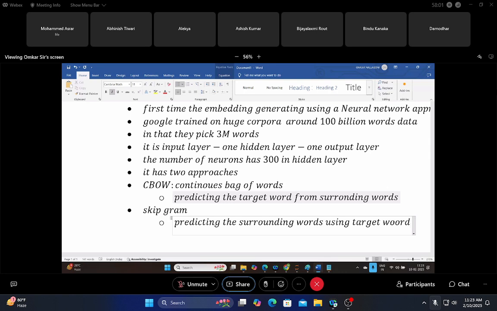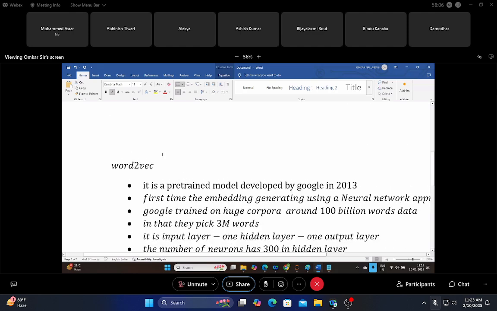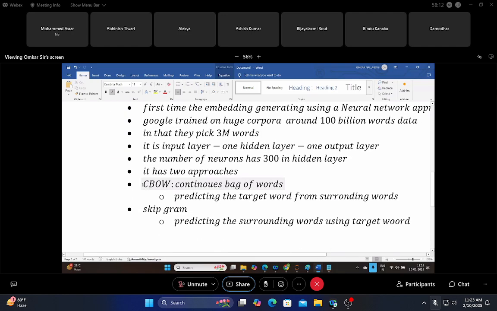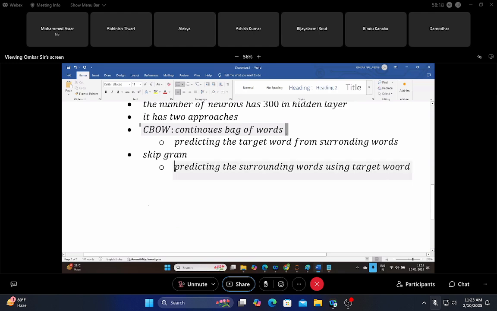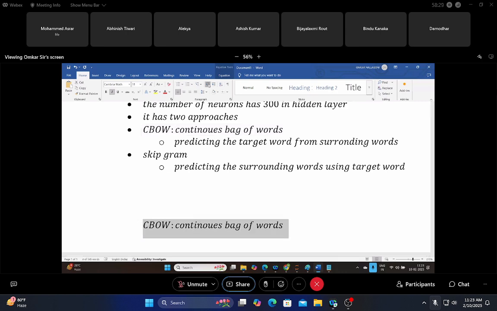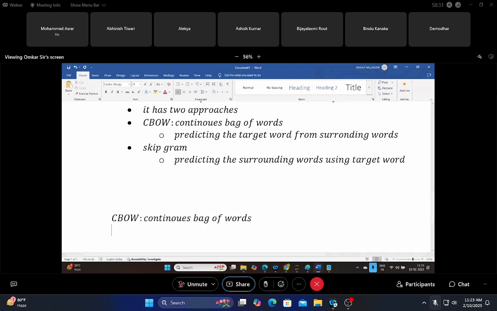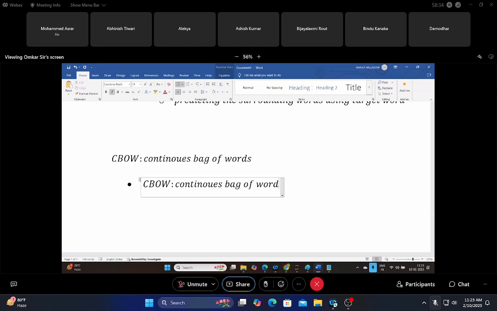Okay, put heading CBOW. Word2Vec. For example, consider a sentence.